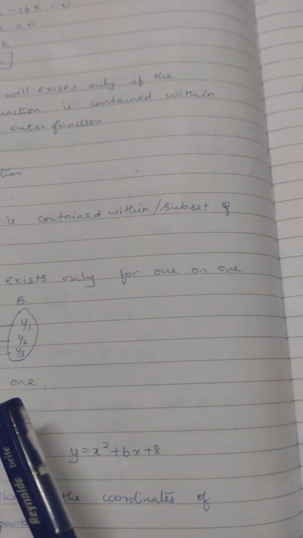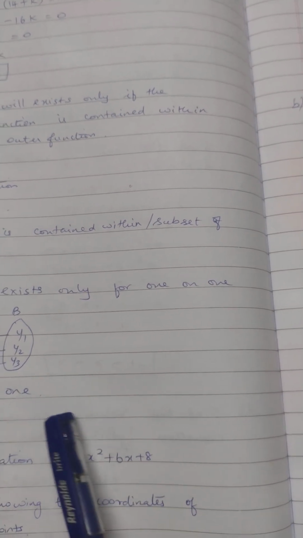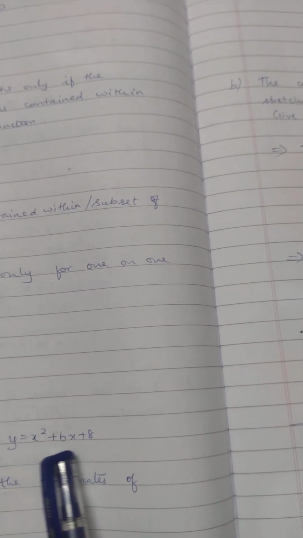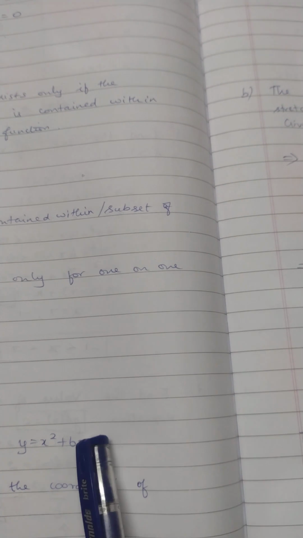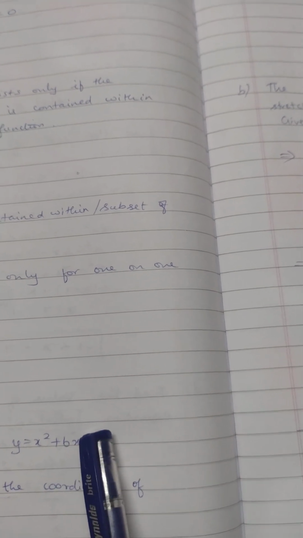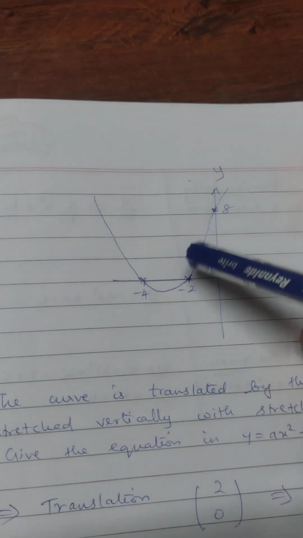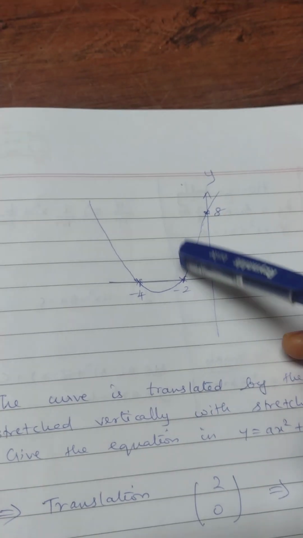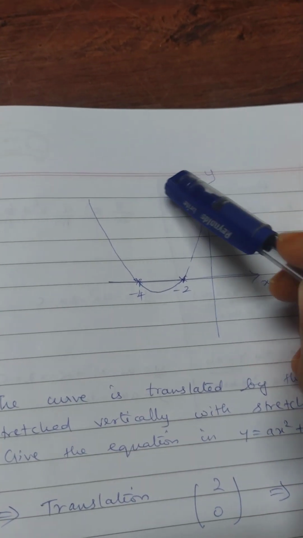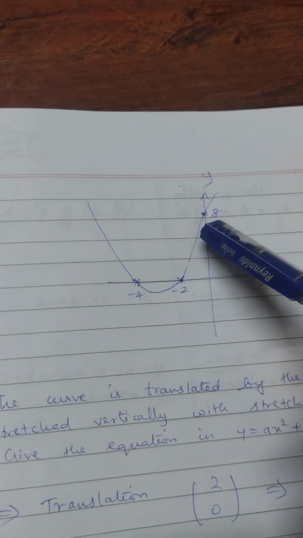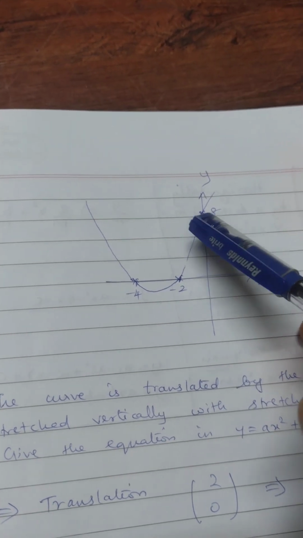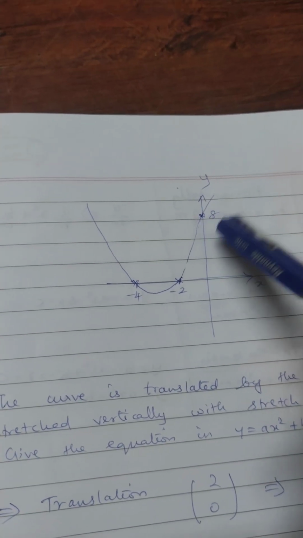If I substitute x as 0 in this equation, I'll get the y-intercept, which is 8. So for x value 0, I have got the y-intercept as 8. That means it is going to cross my y-axis at point 8 when my x is 0.